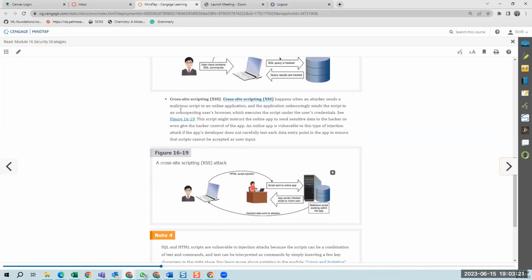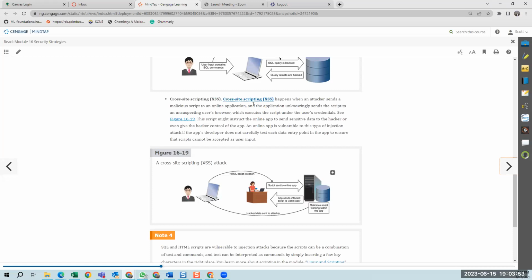So we've got cross-site scripting. And essentially what that is, we're dealing with websites, and the websites end up either infected or unknowingly passing a script that hits your system.